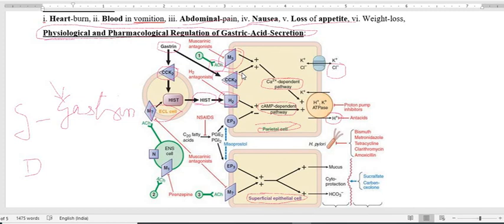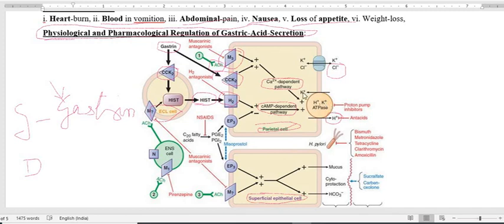the parietal cell, it activates the receptor, and after the activation of the muscarinic receptor, the intracellular calcium level gets raised. The raised intracellular calcium level, that is also called the calcium dependent pathway, again activates the enzyme hydrogen ion potassium ion ATPase, and finally hydrogen ion gets effluxed out and helps to form the hydrochloric acid.